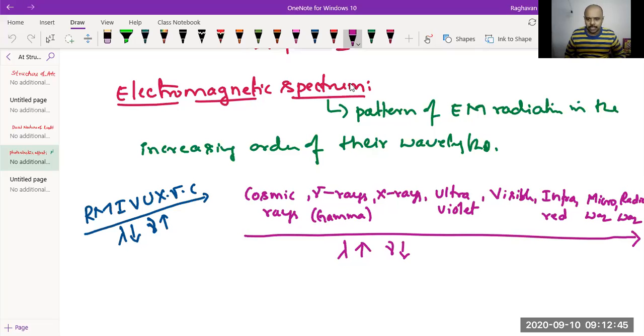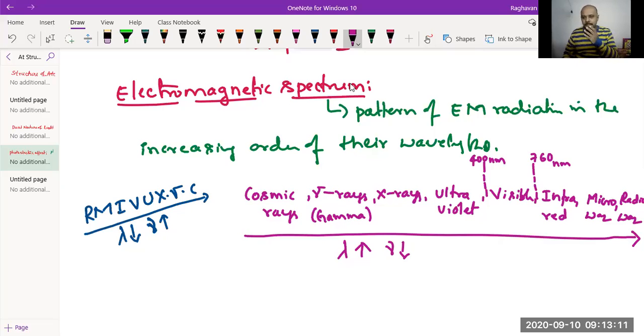So I'll proceed now. This small portion of the electromagnetic spectrum, which can be seen by naked eye, has a wavelength limit, which you just need to remember. From 400 nanometer to around 760 nanometer.